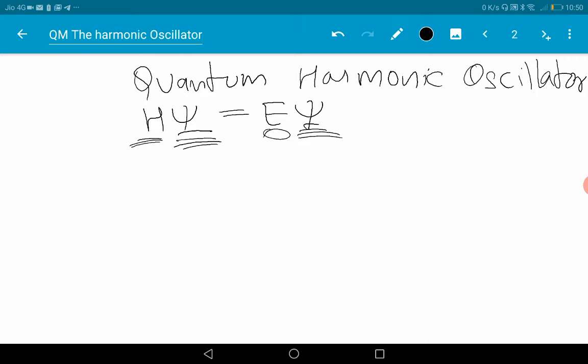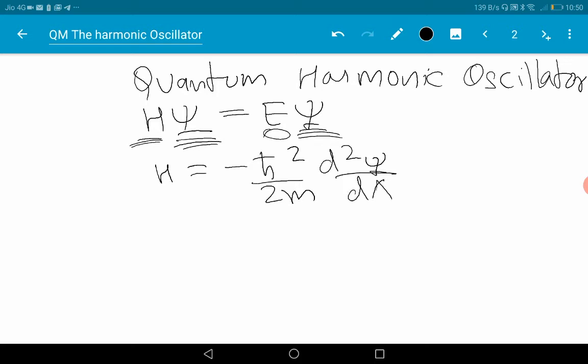So what is H? Minus h cross squared by 2m d squared psi by dx squared, plus potential times psi.